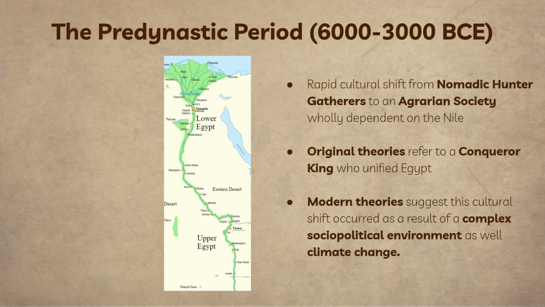Modern theory suggests this cultural shift occurred as a result of a complex socio-political environment as well as climate change. One such theory posits that intense desertification forced the ancient Egyptians to adopt farming as a primary form of resource acquisition. It is by utilizing the intense climate change of this period as a stressor event by which we evaluate the adaptive capacity of our agents.